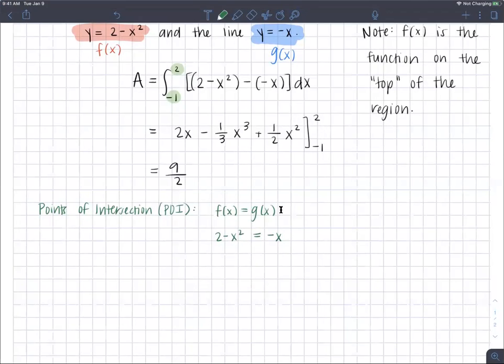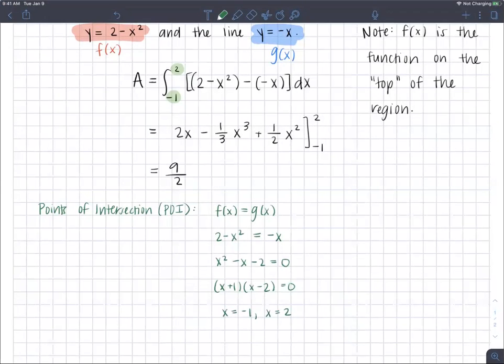And when you do that, oh, you can factor this one. So this becomes x squared minus x minus 2 equals 0, and this factors as x plus 1 times x minus 2. x equals -1, x equals +2, right?